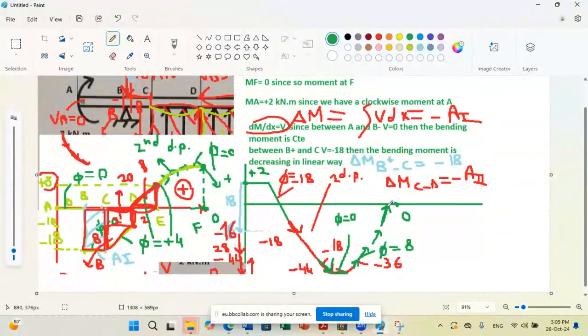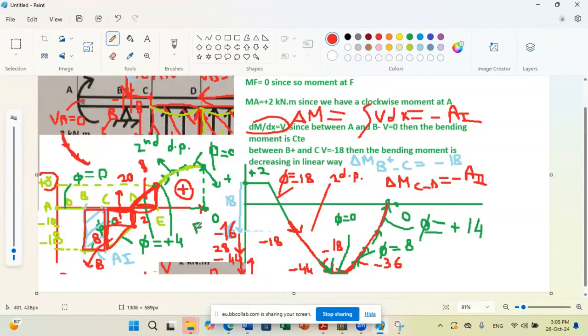Okay, and at the final point here, you can put that the slope phi is equal to plus 14. Okay, and then if you join your points, the profile will be like this until reaching F.